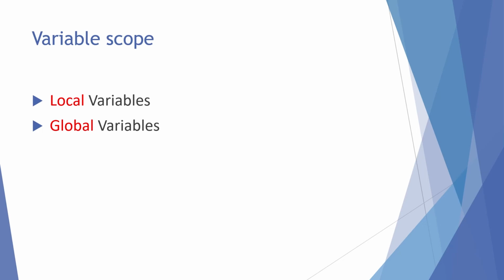Basically, the variables defined inside a function are treated differently from variables defined outside of functions. Any variable declared inside the function is only accessible within the function, and these are known as local variables. Any variable declared outside the function is known as a global variable and is accessible anywhere in the program. Let's see an example.